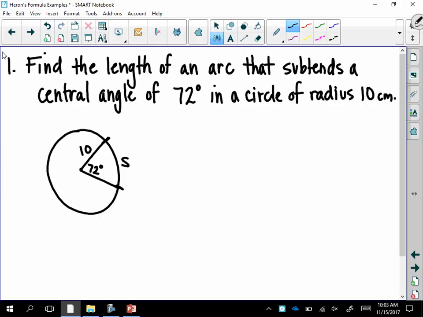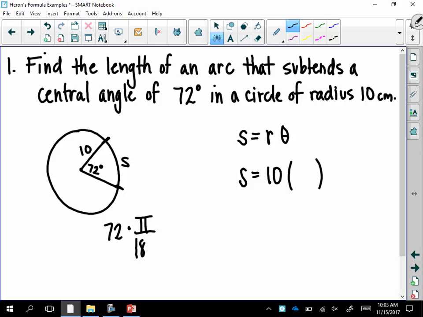So we want to find S. And what's the formula for finding the length of an arc? S equals r theta. Well, we know the radius is 10, but theta has to be in radians. So we're going to take 72 degrees, and to convert from degrees to radians, we multiply by pi over 180.